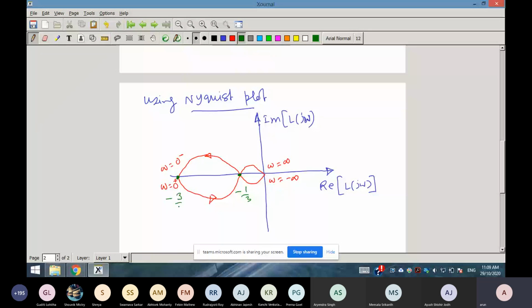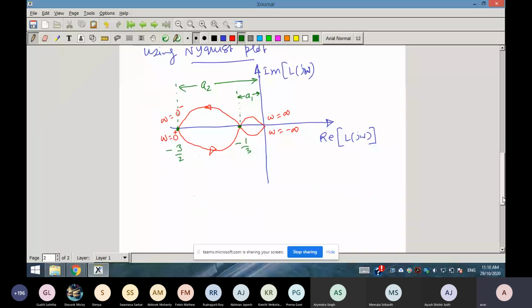So that means, suppose this is your A1 and this is your A2. What is your lower side gain margin? Upper side gain margin? GM equal to 1 by A1. This is very crucial.